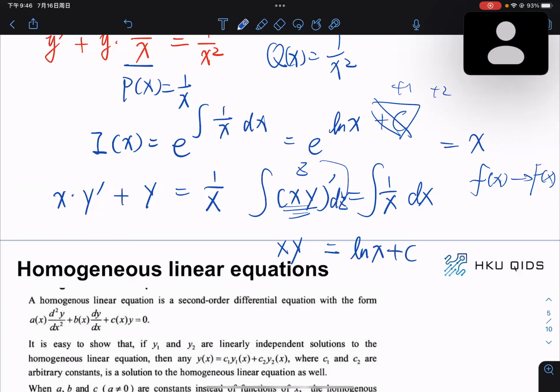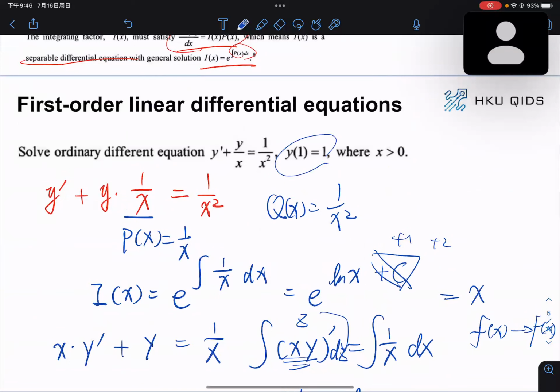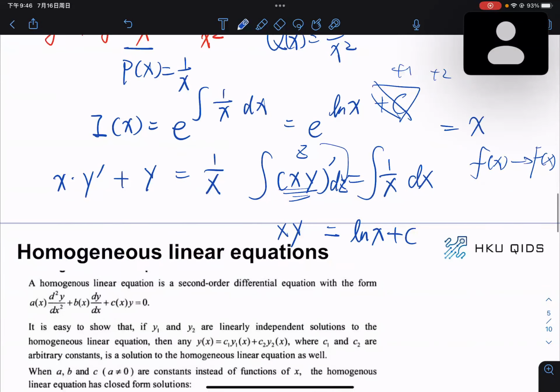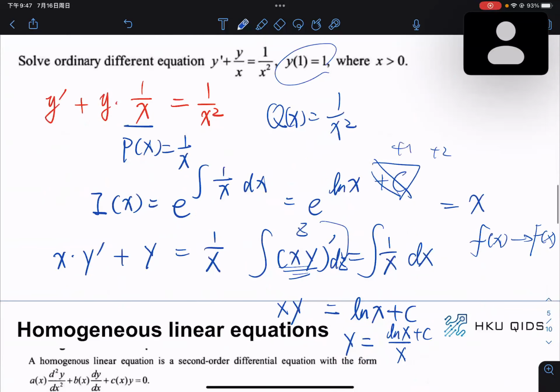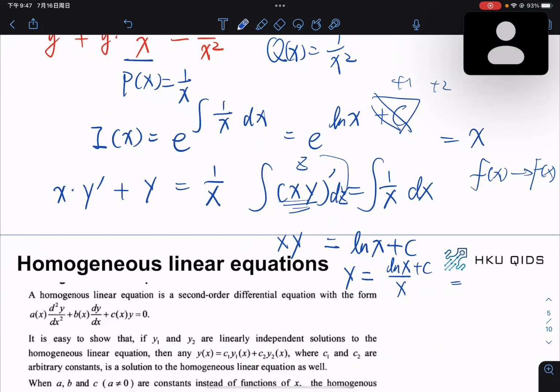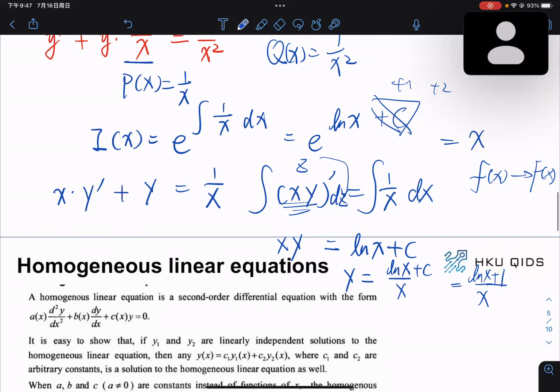And this time we need the constant c, okay? Because it lets us locate the real c here. And then we can have y equals x over (log x plus c), and we put y(1) equals 1 into that. We can have c equals 1, and this is log x plus 1. Okay, we solved this question.